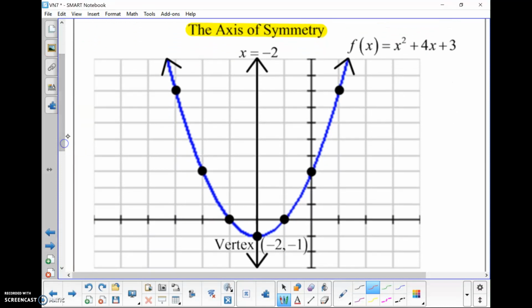Now, first of all, remember, vertical lines are different than all of the other linear equations. They don't really follow y equals mx plus b, because they don't have a y, they don't have a slope, and they don't have a y-intercept. At least unless it's completely on the y-axis, then it has every y-intercept. But for our purposes here, you can say it doesn't have an m, it doesn't have a b.